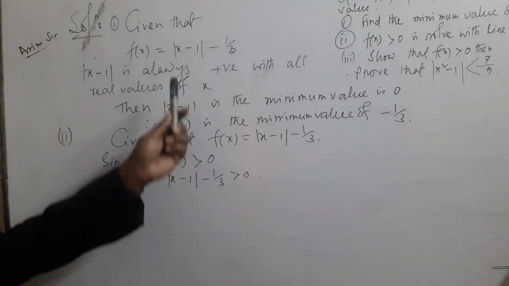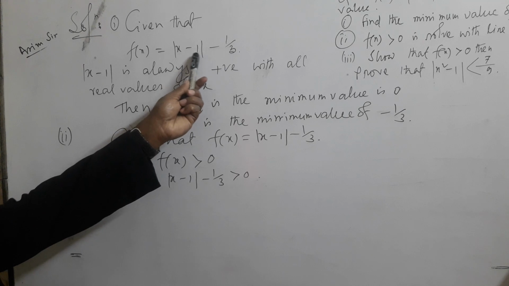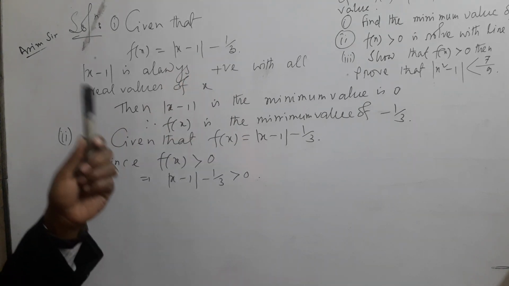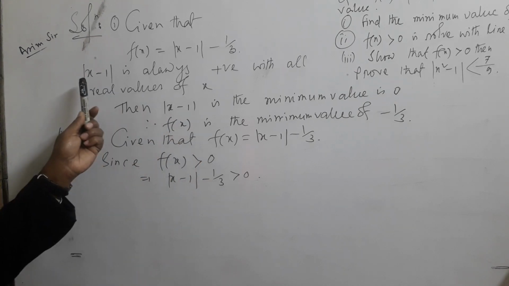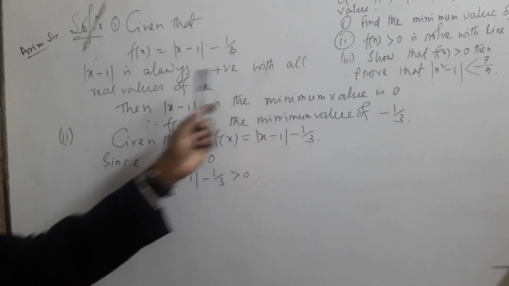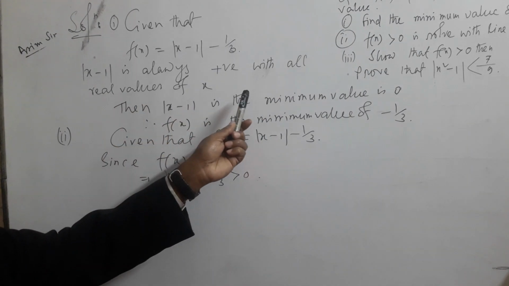Given that the function f of x equal to modulus x minus 1 minus 1/3, you have to think deeply. Firstly, modulus x minus 1 is always positive for all real values of x.